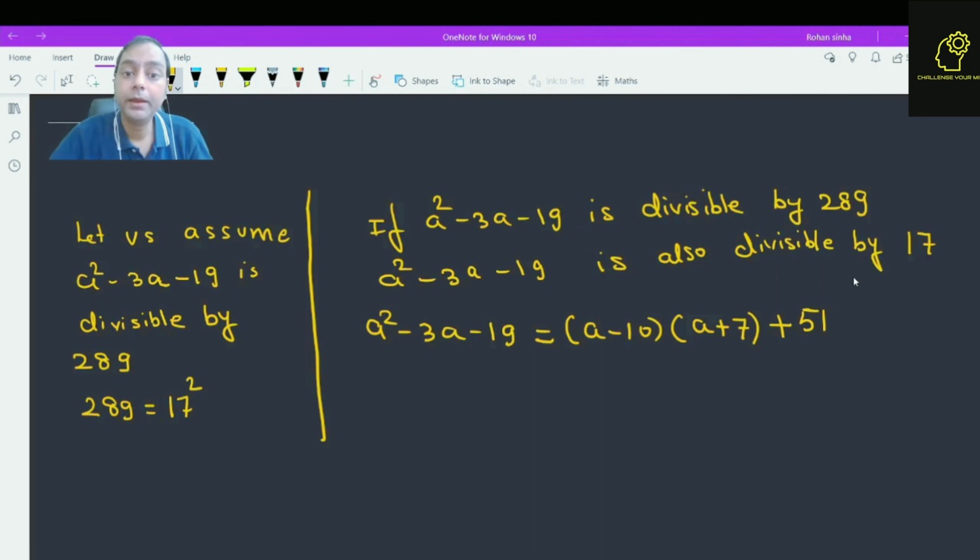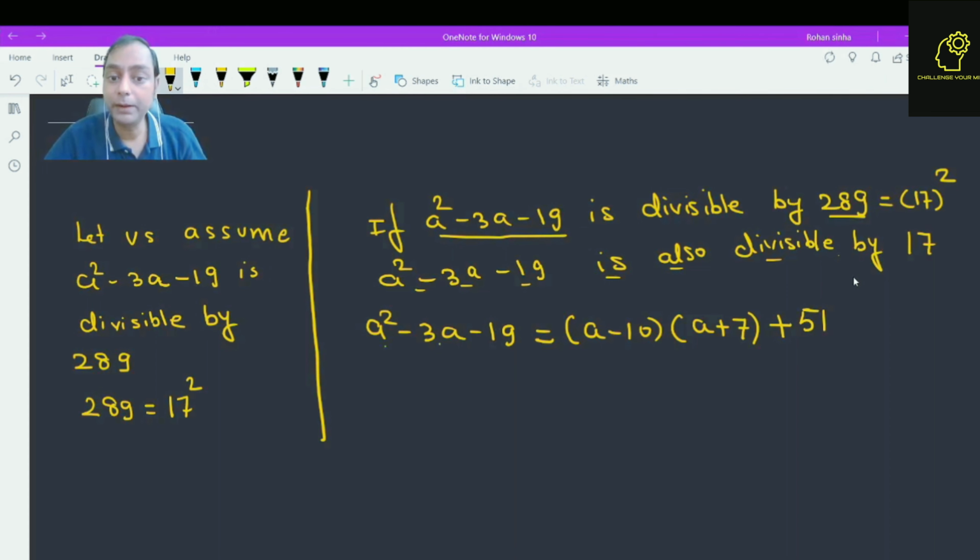Now, if a square minus 3a minus 19 is divisible by 289, and we know that 289 is 17 square, this a square minus 3a minus 19 is also divisible by 17. Now, what about this 51? This 51 is divisible by 17.